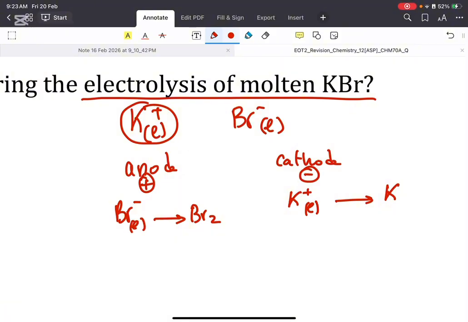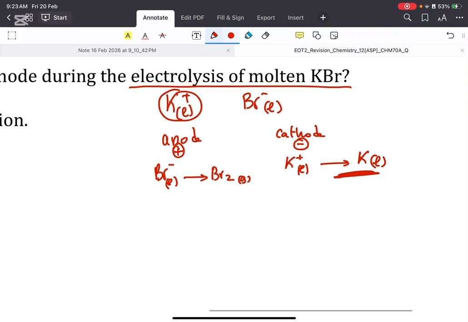Now, because the temperature is really high here, the potassium obtained is not a solid. The potassium obtained is liquid, and Br2 in this case is a gas. It's obtained in the gaseous state because the temperature is really high. It's above the melting point of any metal.